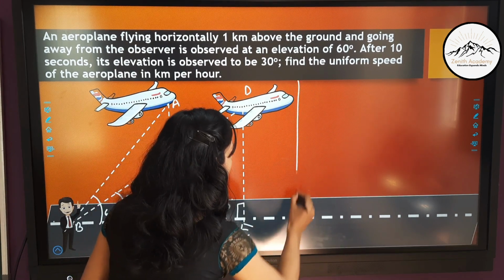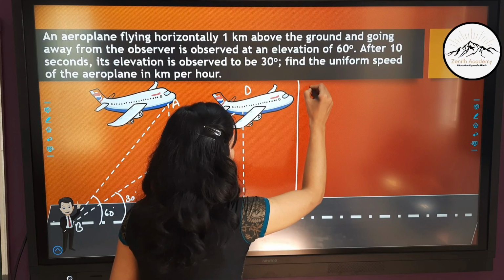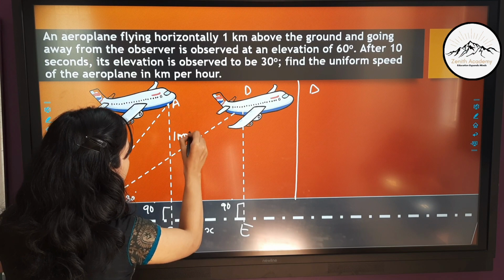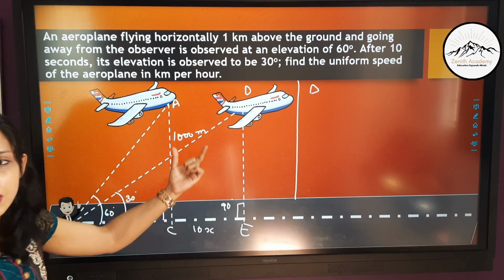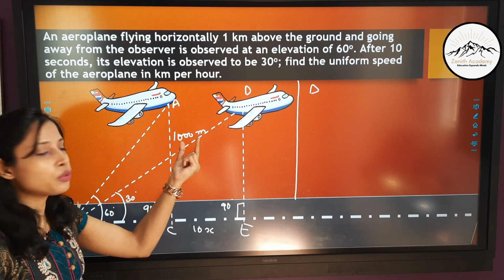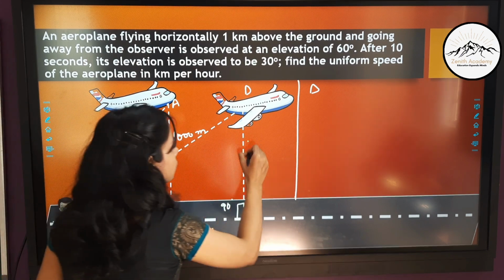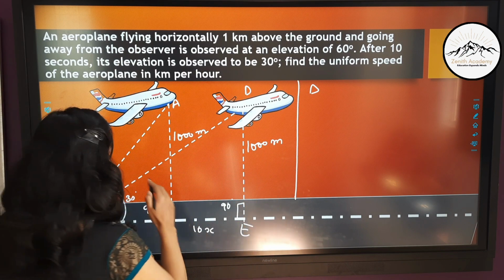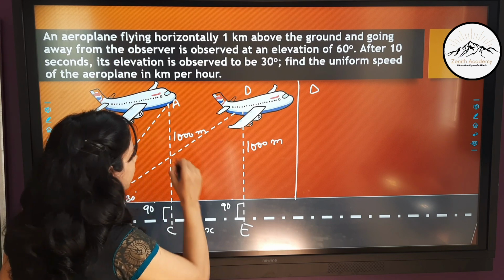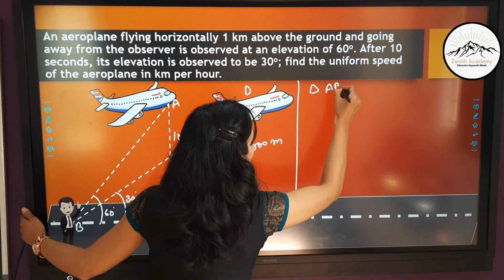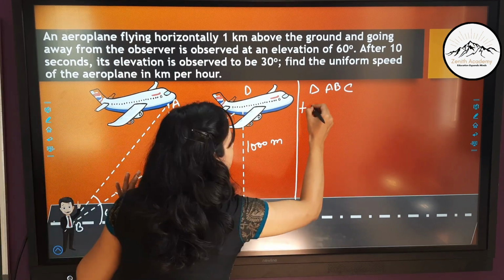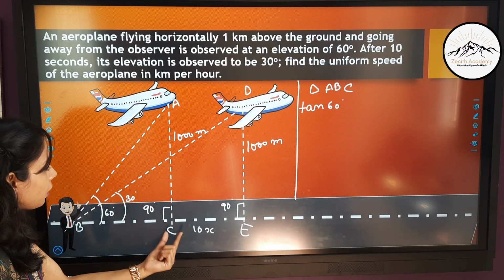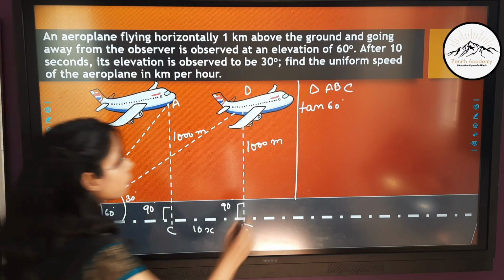Also this AC is 1000 meters. It was given to us as 1 kilometer flying above, so we can convert this into meters as 1000 meters. And this was also 1000 meters. Now, for triangle ABC, tan 60 degrees is equal to AC upon BC, the perpendicular upon base.